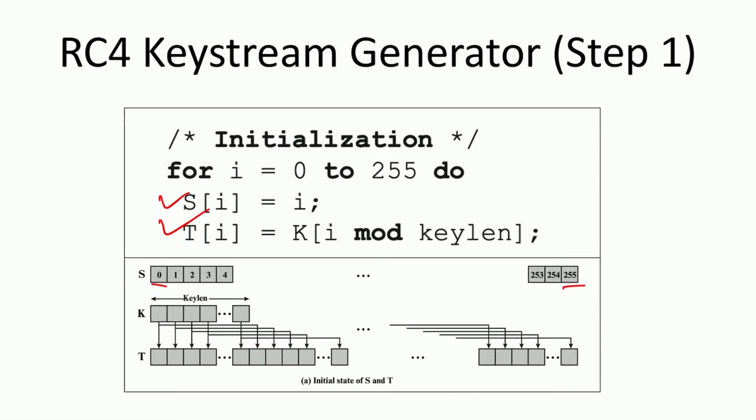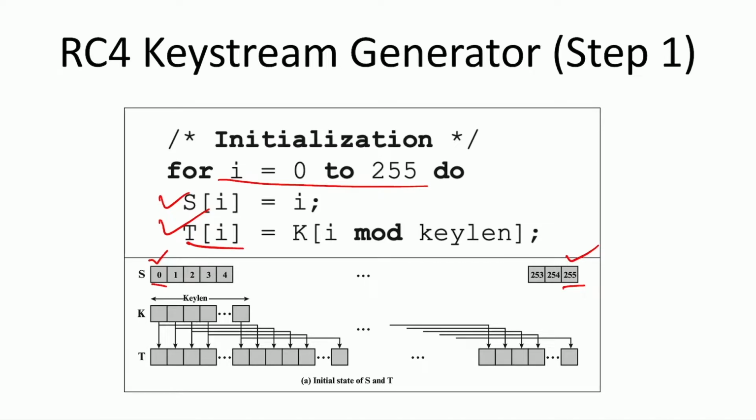So we initialize S values from 0 to 255, as you can see here in this for loop, which runs from 0 to 255. We also initialize this T vector with repeating values of the key.